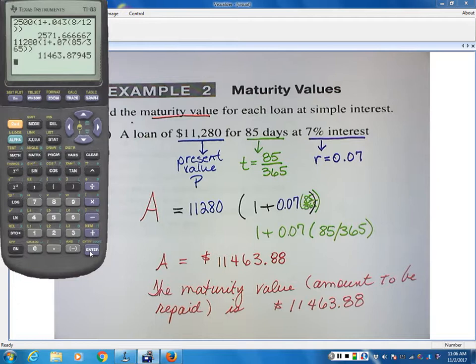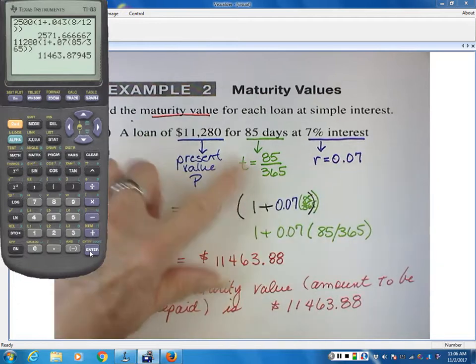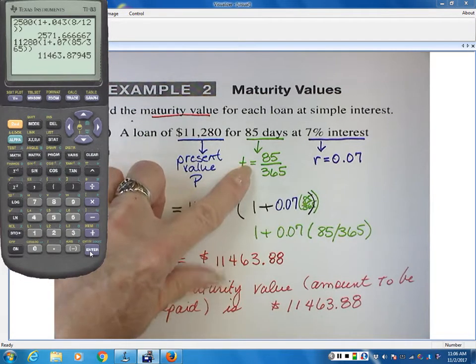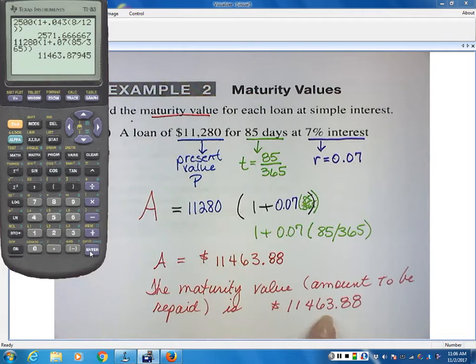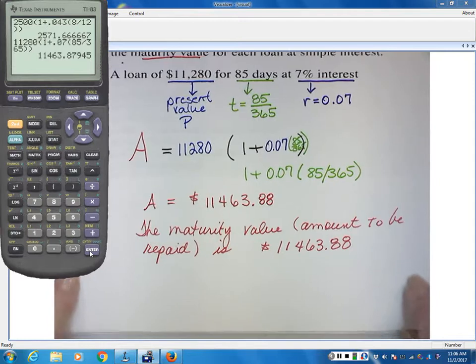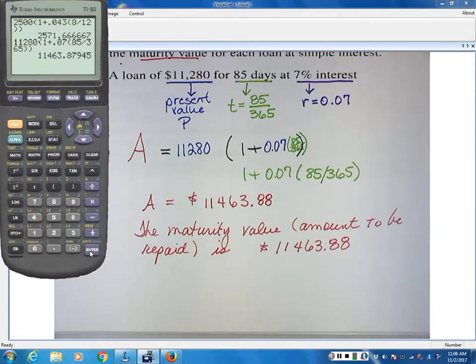So even though you have a higher interest rate, since that's a much shorter time period, your interest is just shy of $200. Does that say at the bottom there, the maturity value, what? Oh, it's the amount. Amount to be repaid. Any questions?